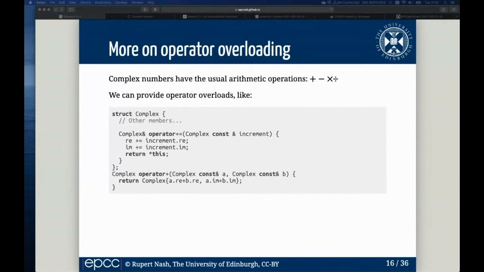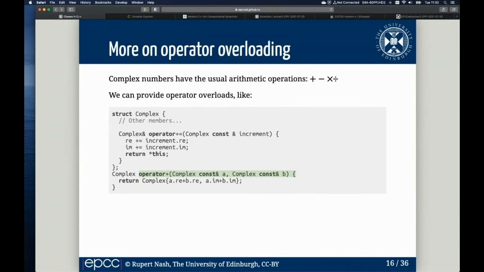So let's talk a little bit more about operator overloading, because complex numbers have the usual sort of arithmetic operations associated with them, plus, minus, divide, and so on. So we can provide operator overloads for these, for things like add in place, where you can update it, or the addition of 2 complex numbers to create another one.